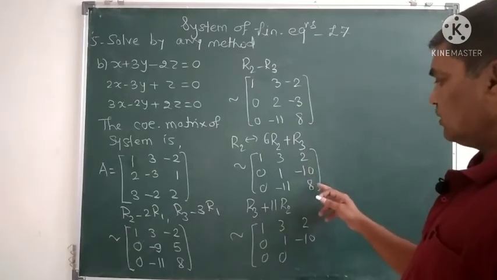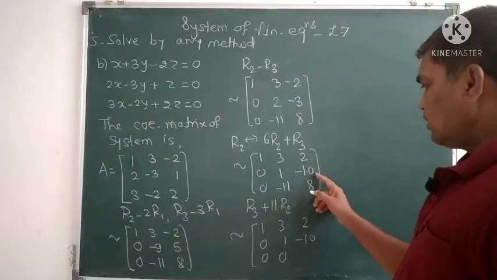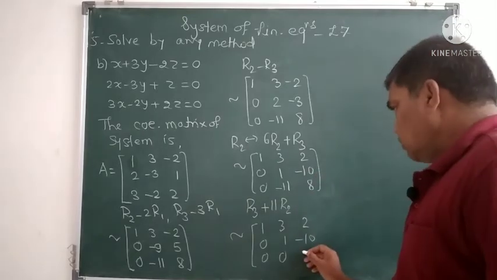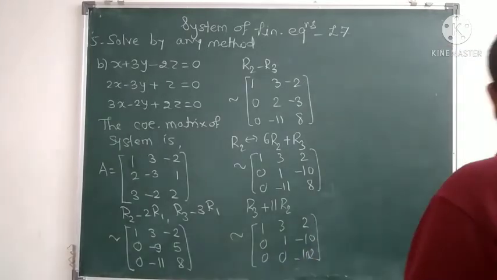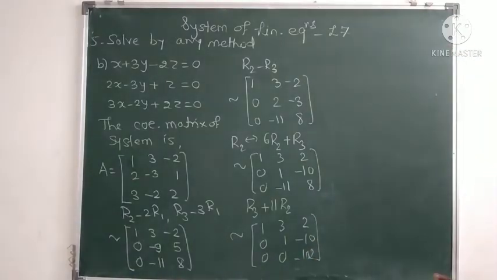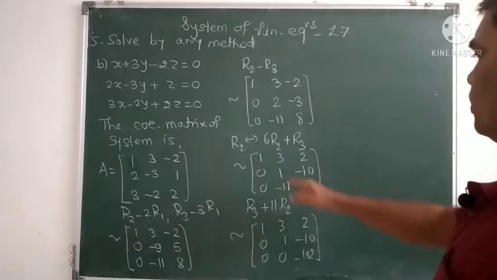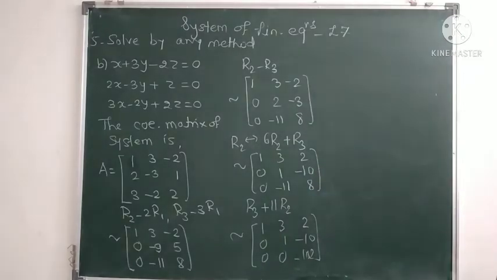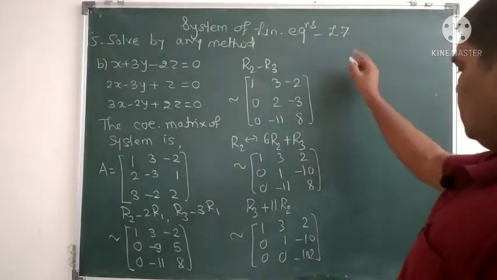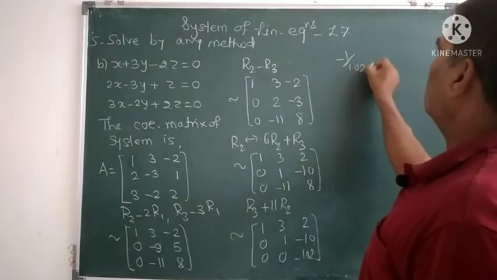So what that gives us? 8 minus 110 gives us minus 102. Wait a minute. So 6R2 minus 18 plus 8, that should be minus 10. Is it clear? And then it will become minus 102, and lastly minus 1 upon 102 R3.